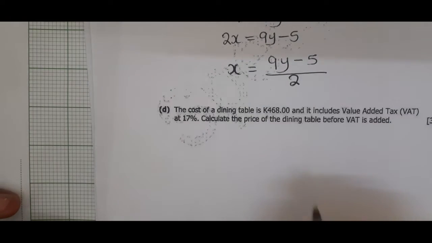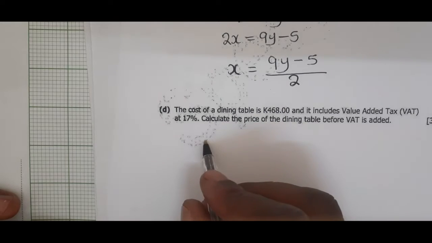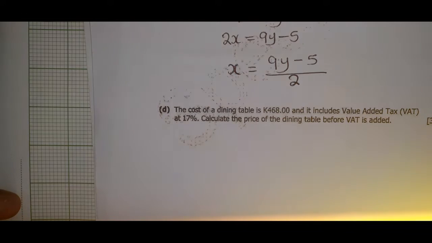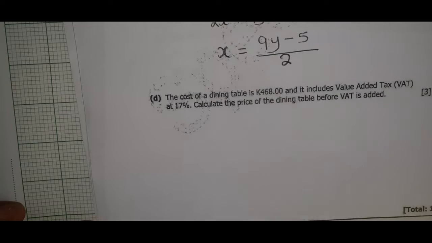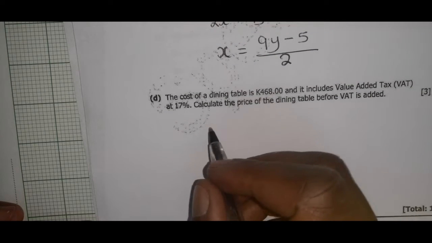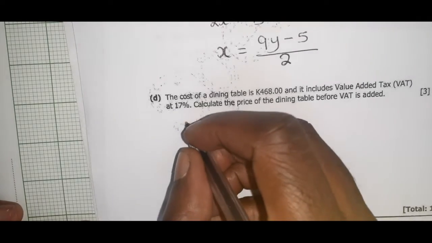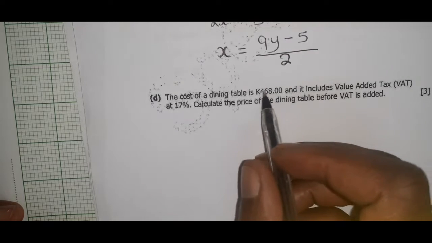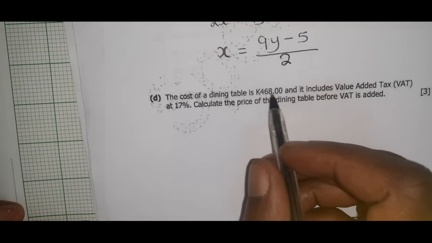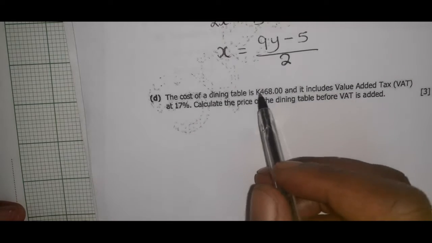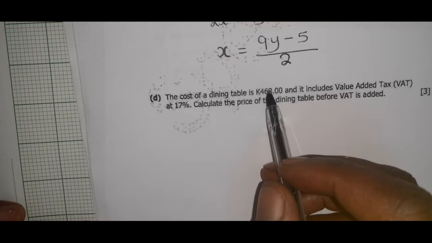One method could be where we take this amount, then you subtract 17%, because this amount includes VAT.